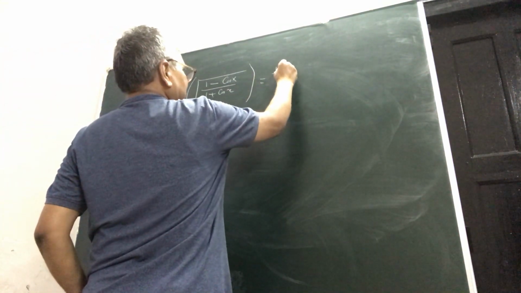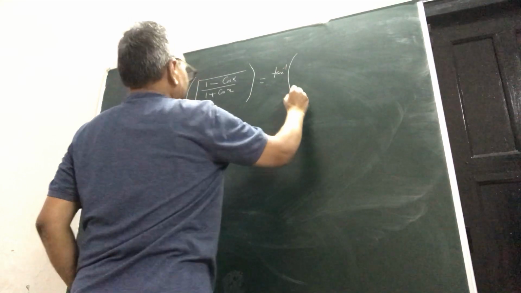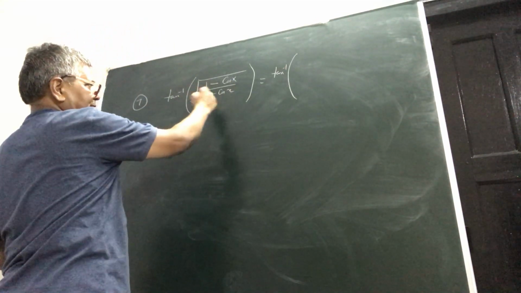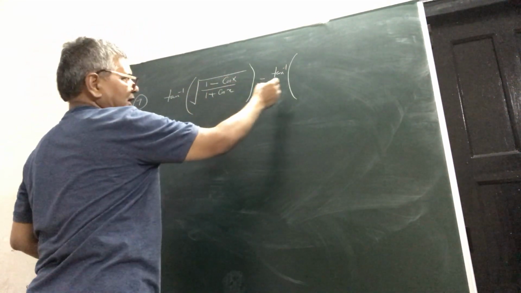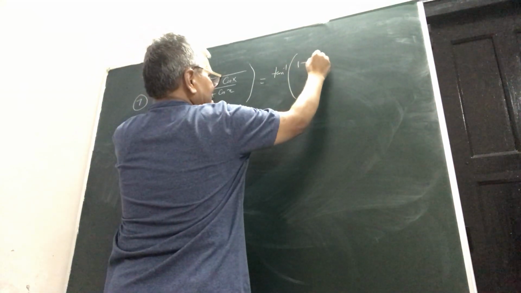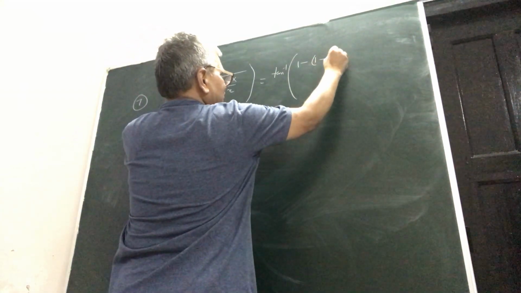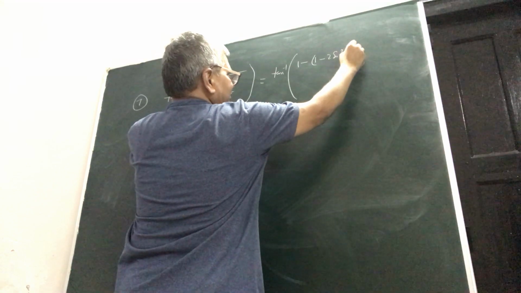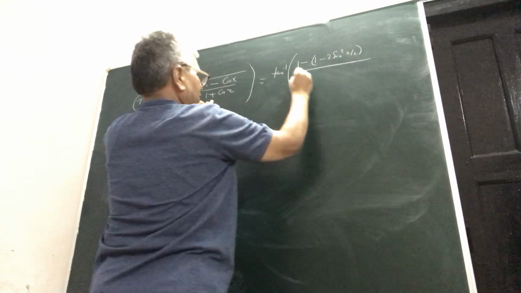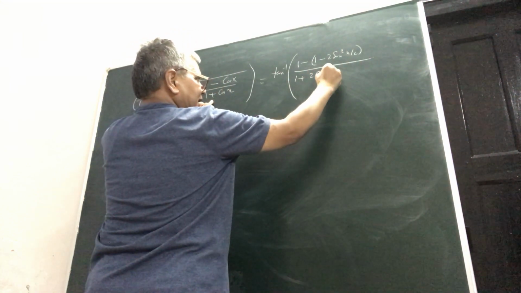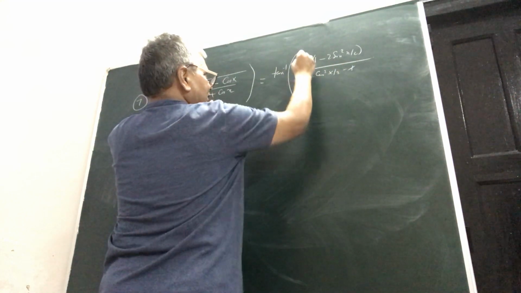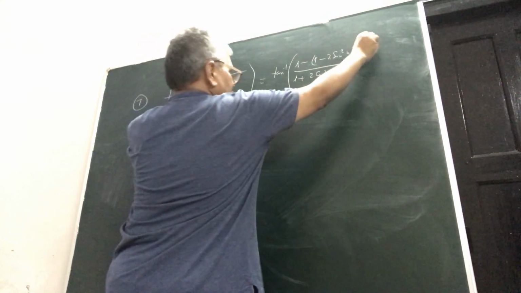So the best way is tan inverse, 1 minus cos x. Writing cos x as 1 minus 2 sin square x by 2, so 1 minus 1 minus 2 sin square x by 2, and this is your 1 plus 2 cos square x by 2 minus 1. 1 goes, 1 goes here, and 2 goes.